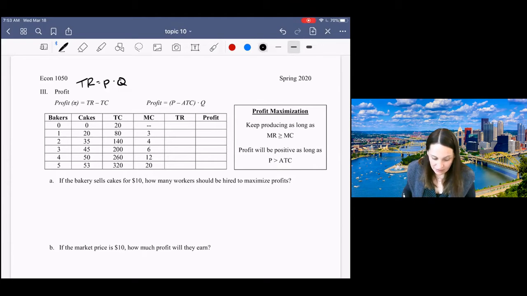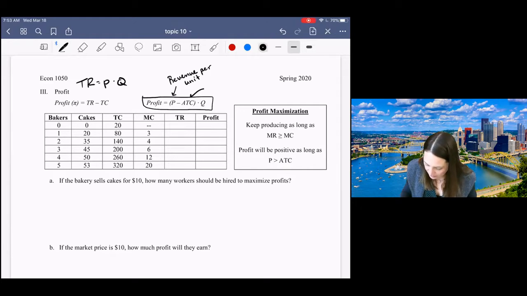We can rearrange this equation for profit to equal (P minus average total cost) times quantity. Here, price represents revenue per unit. Okay, the revenue for each unit you get is equal to the price that you sell it for.